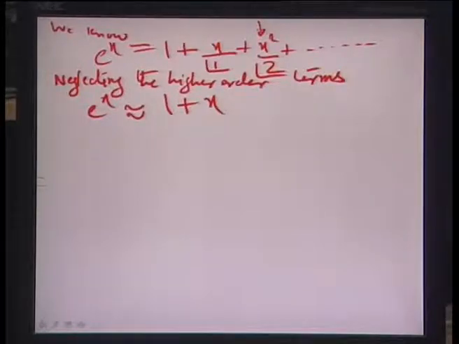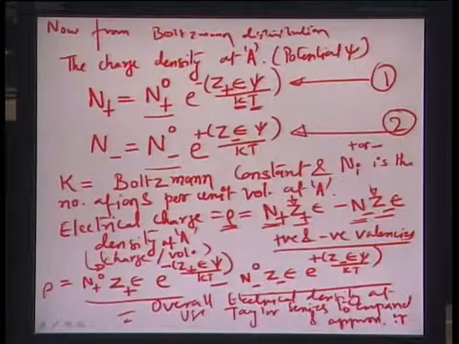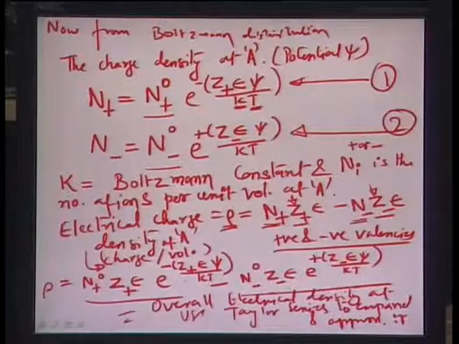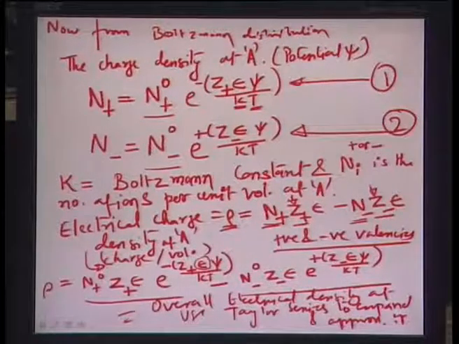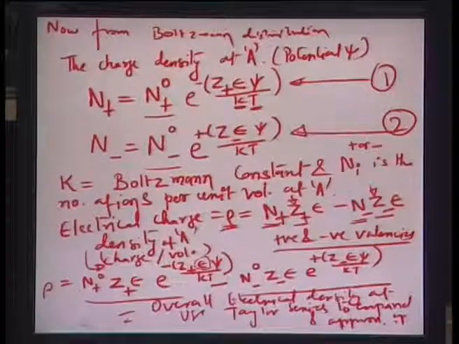Now, if we look at the expression we derived earlier, we have this important factor epsilon, which is 10 to the power of minus 19. And e by k also is going to be of a very small order, and therefore, the overall term z plus epsilon phi by kT is really very small, it is insignificant, and therefore, the higher orders of such a term can be safely neglected in the equation.